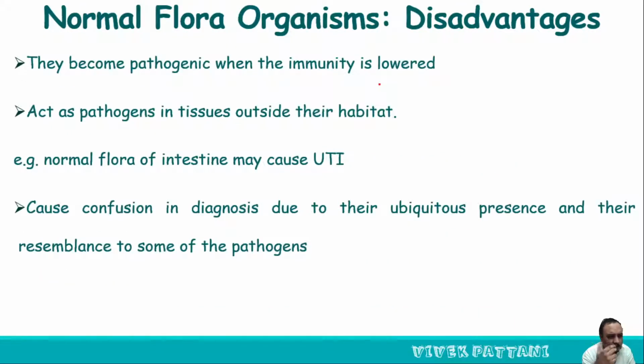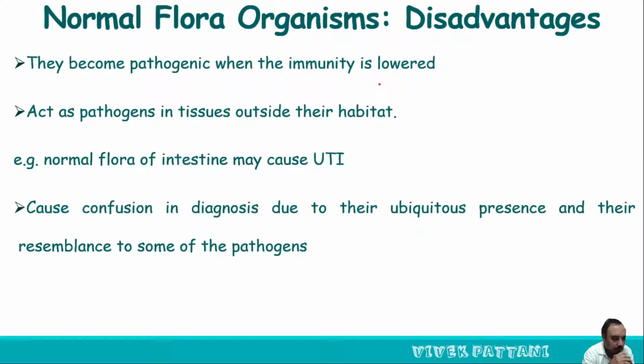There are also disadvantages. They may become pathogenic when the immunity is lowered, and act as pathogens in tissues outside their habitat. For example, Escherichia coli, their usual habitat is the intestine, but if they enter the respiratory system, it may have a pathogenic effect also.